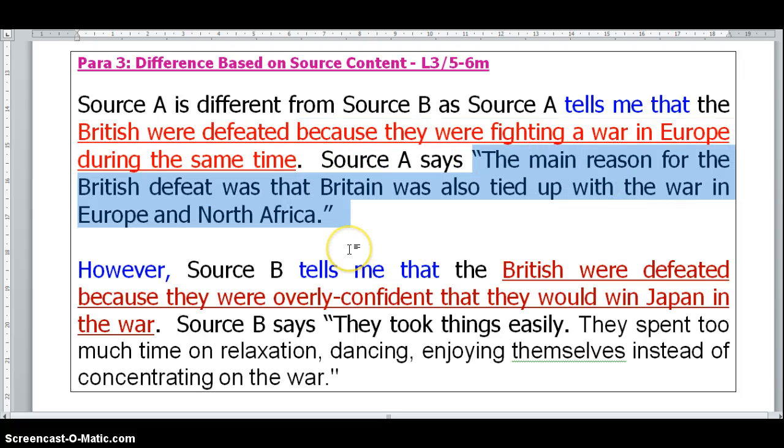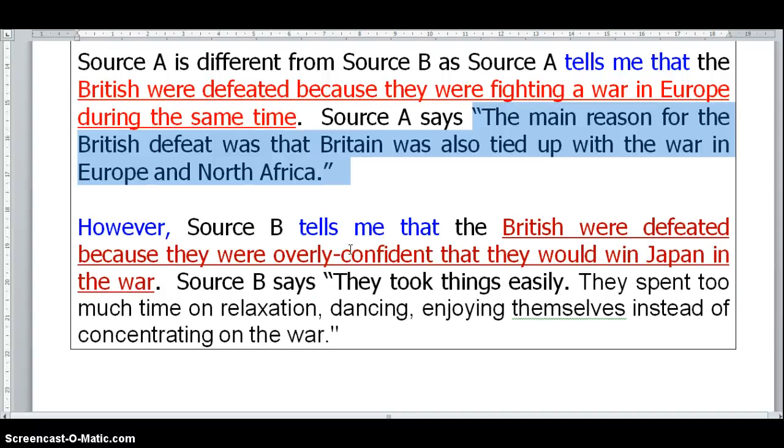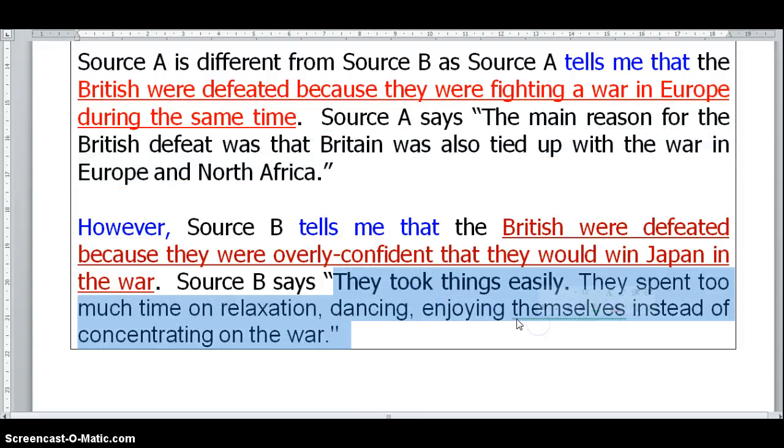The main reason for the British defeat was that Britain was also tied up with the war in Europe and North Africa. However, source B tells me that the British were defeated because they were overly confident that they would win Japan in the war. Source B says they took things easily, they spent too much time on relaxation, dancing, enjoying themselves, and instead of concentrating on the war.